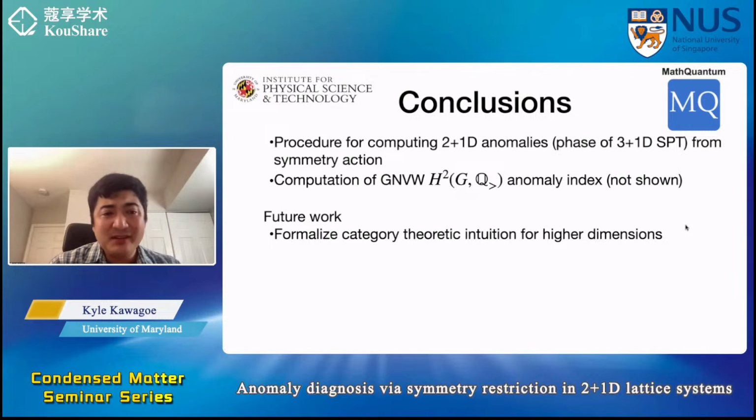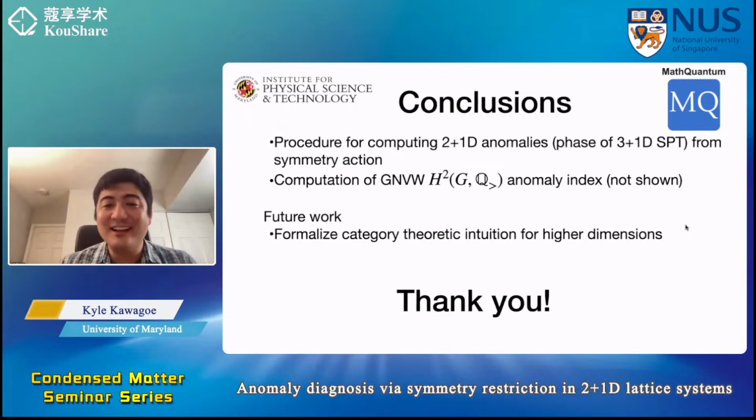And as was mentioned in the middle, there's this sort of GNVW index, which is sort of an obstruction to following our procedure exactly, but there's always a way to sort of cancel out the GNVW index in a canonical way in order to fully extract this four cocycle. And we can compute this two cocycle valued in positive, and how this higher category theoretic formalism fits into higher dimensional systems. So thank you again for the invitation to speak.